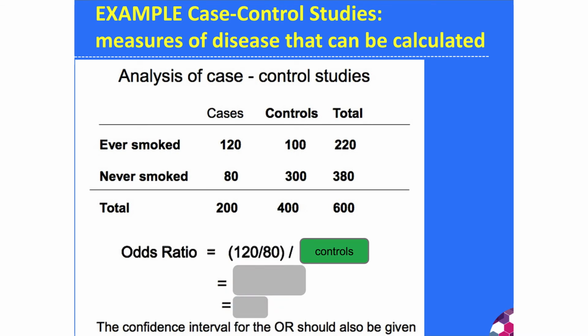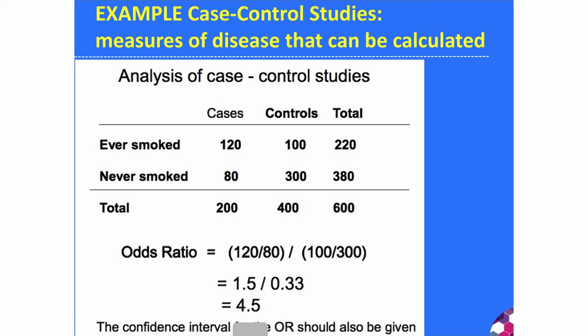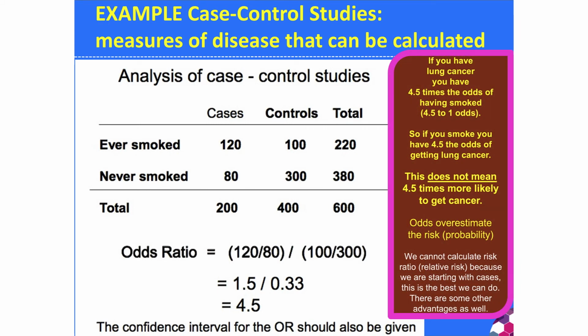We have 120 who smoked and 80 who did not smoke, and then the control is 100 who smoked, 300 who didn't smoke, and then that gives us 120 divided by 80, which is 1.5, and 100 divided by 300, which is 0.33, and that gives an odds ratio of 4.5. And so if you have lung cancer in this context, you have 4.5 times the odds of having smoked.